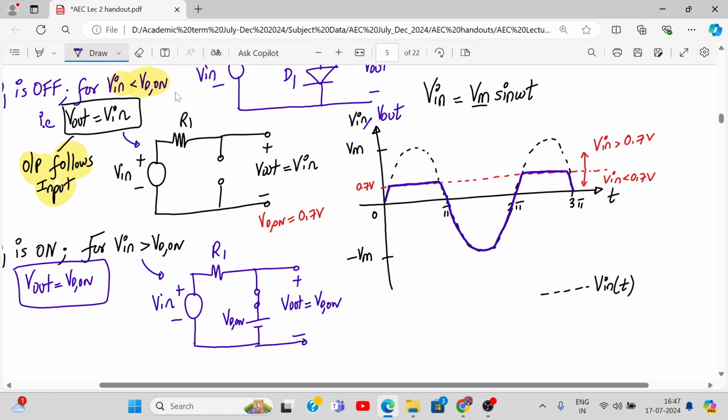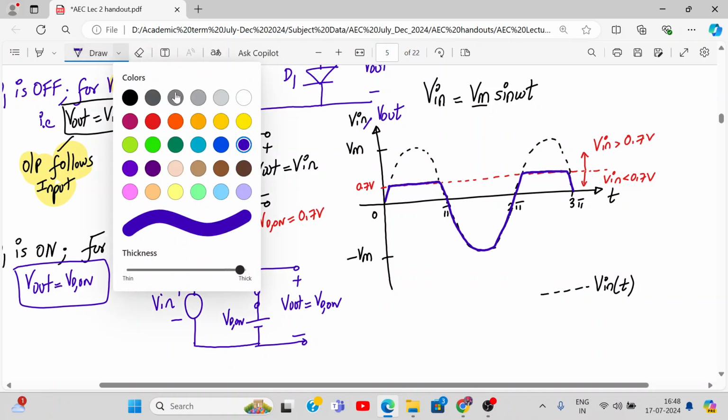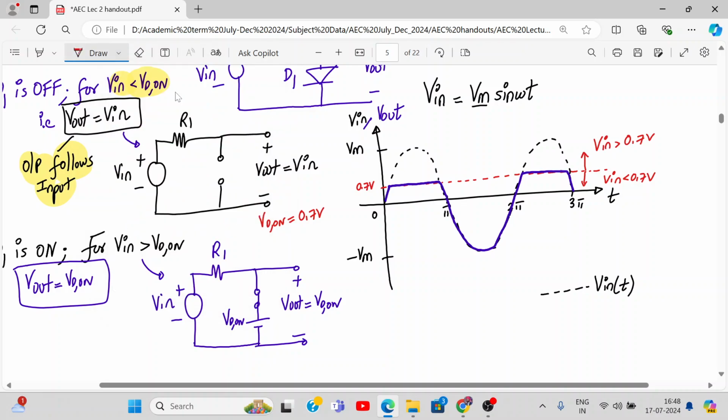And what will happen when V in is greater than 0.7 volt? Output will remain at 0.7, right? See this. Output will be equal to 0.7. So when input is going beyond that, output is staying at 0.7 volt. Agree to this.